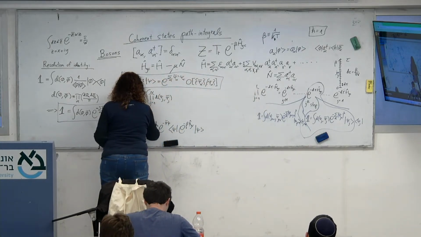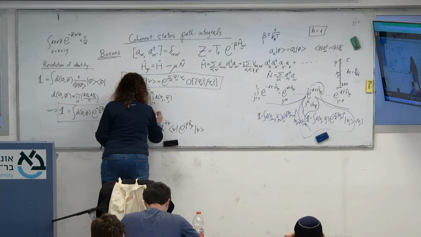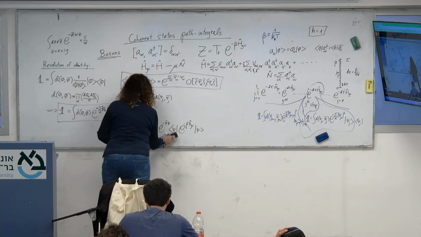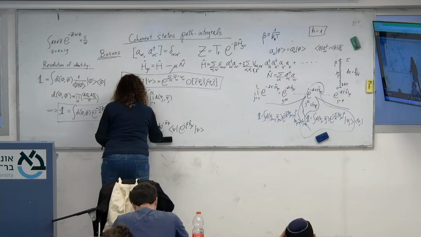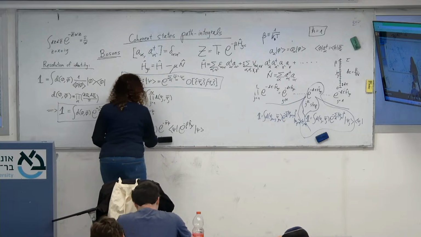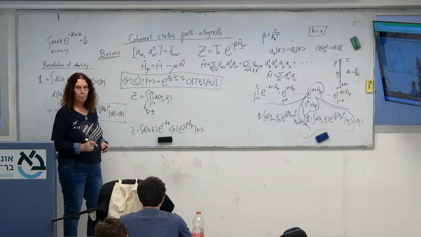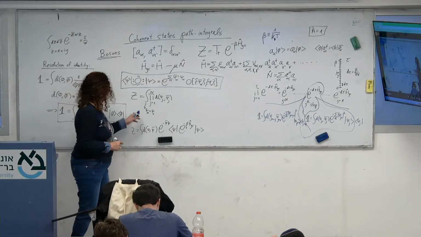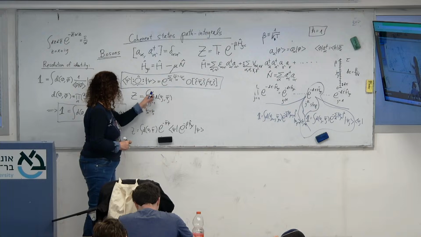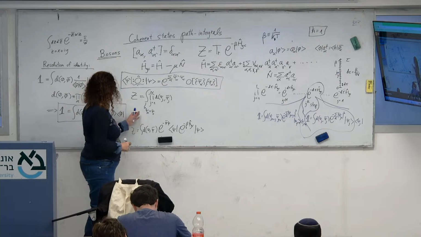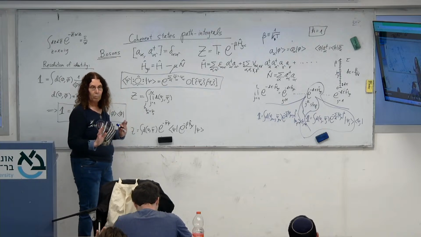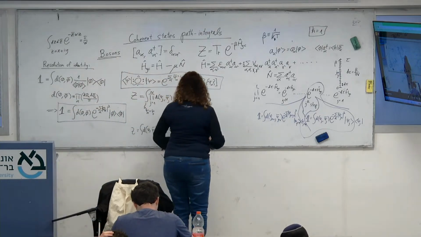I can define psi n equals psi 0. So there are only n terms in the product, not n plus 1. The 0 and the n are the same.